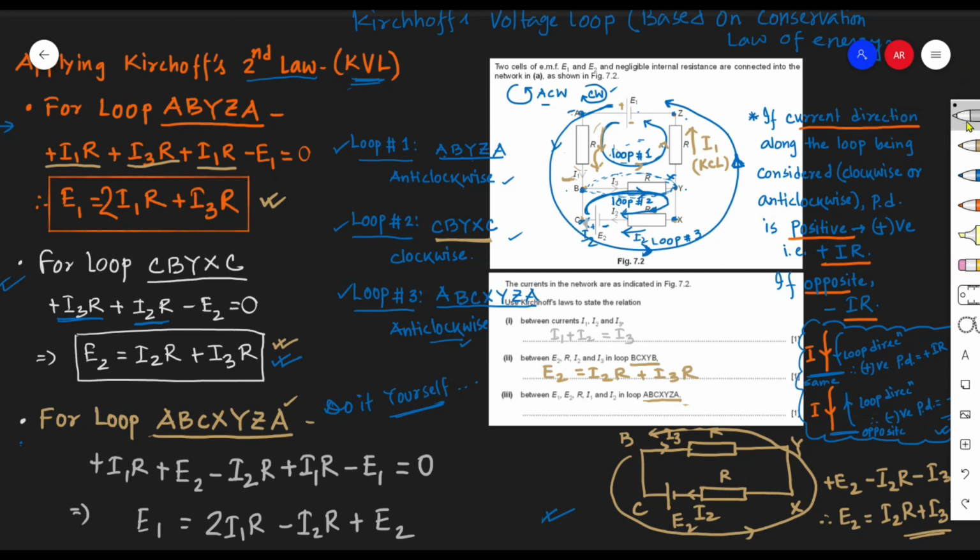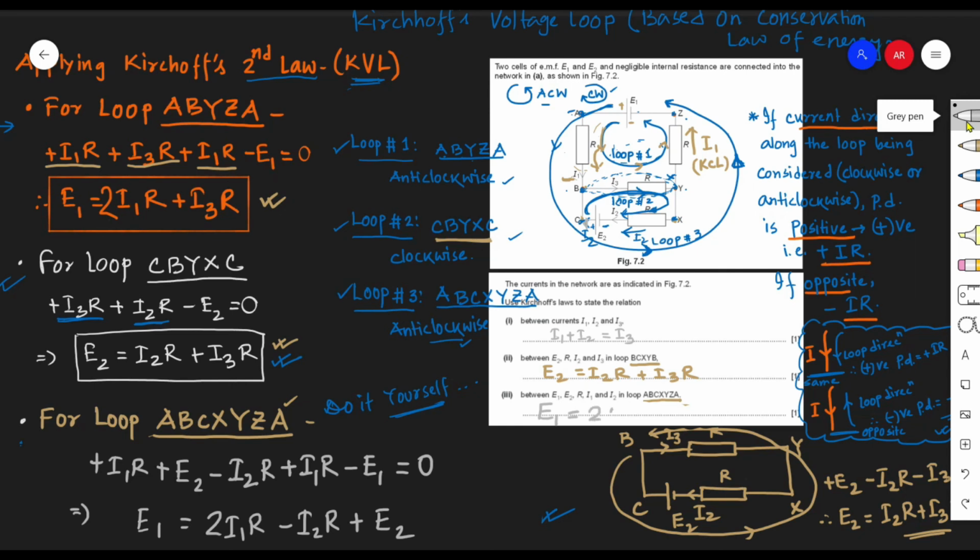So whether you choose a clockwise loop or an anti-clockwise loop doesn't affect the final expression. The final expression remains the same, if you follow this rule of thumb: are the current direction and loop direction the same? Then obviously a positive PD will be dropped across the R. Opposite direction, a negative PD will be dropped across R. As we choose the loop, entering the positive terminal gives positive EMF, the negative terminal gives negative EMF.